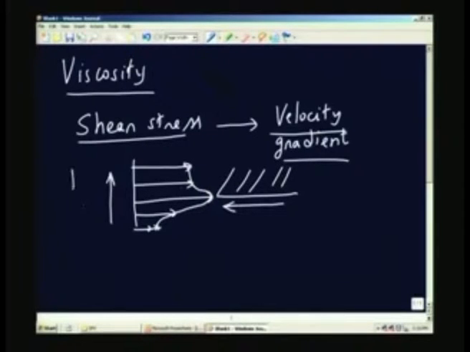In this case, let us say velocity is u, y is the direction in this particular direction, du by dy is the velocity gradient, and we can say that the shear stress tau is equal to some proportionality constant which we call the dynamic viscosity multiplied by du by dy.